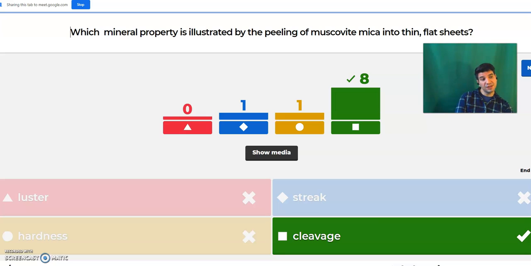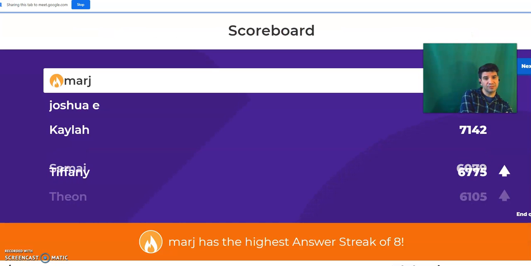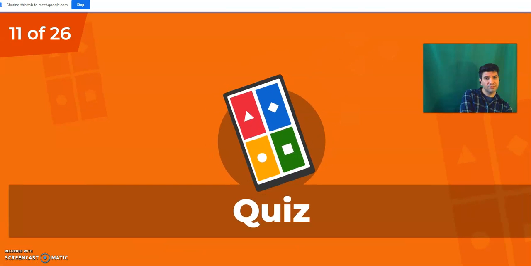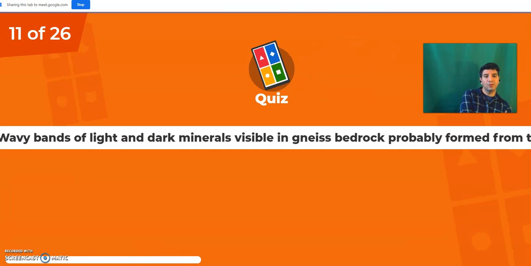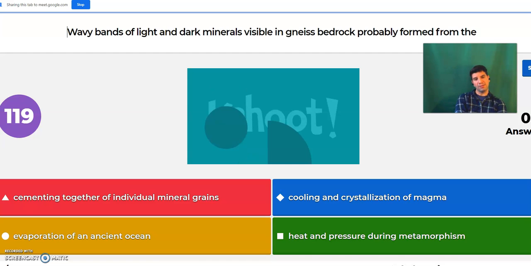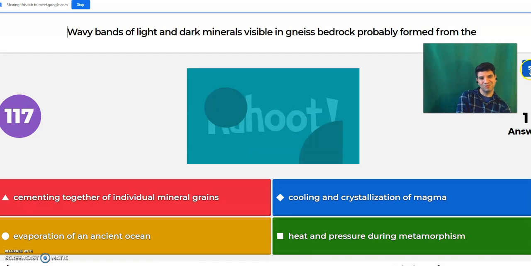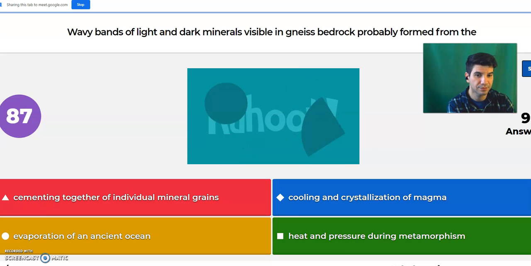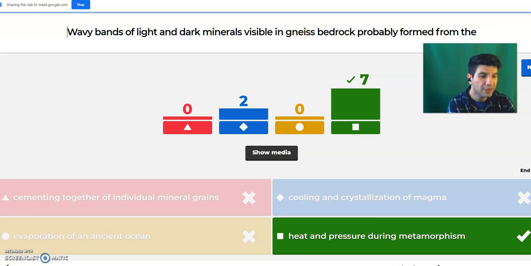If it breaks up randomly, we call that fracture. Wavy bands of light and dark minerals visible in gneiss bedrock probably formed from heat and pressure during metamorphism. Yep. Banding is always associated with heat and pressure.